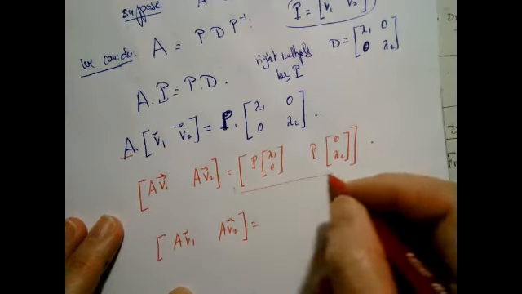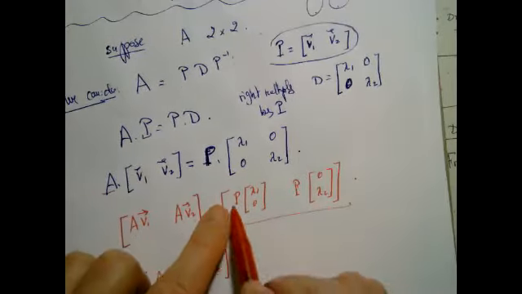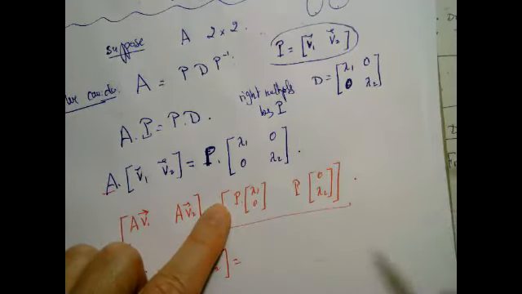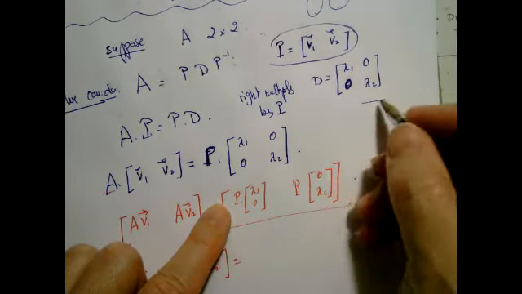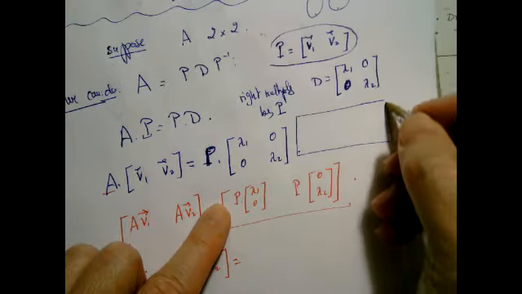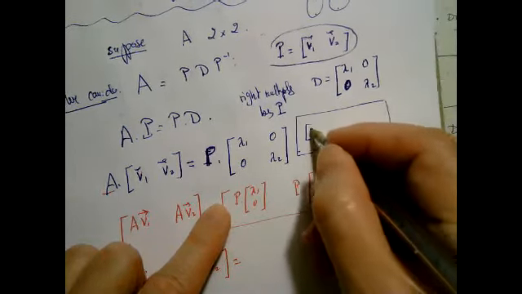Now I'm going to analyze that. Again, what's P times lambda 1, 0? Let's compute this. P is V1, V2.